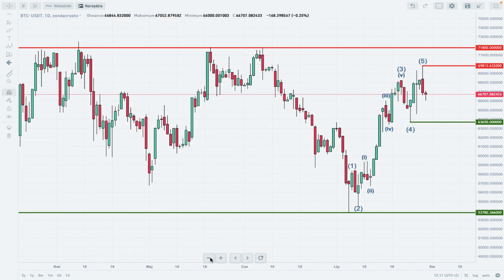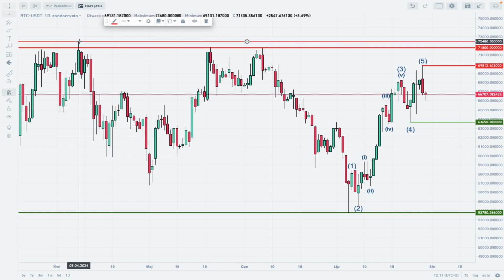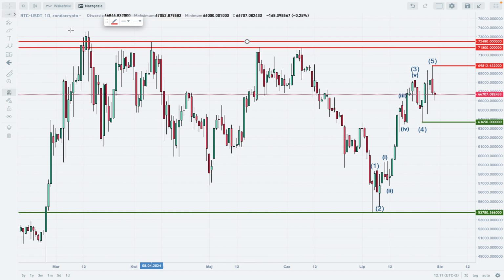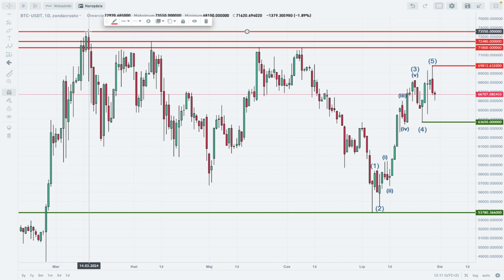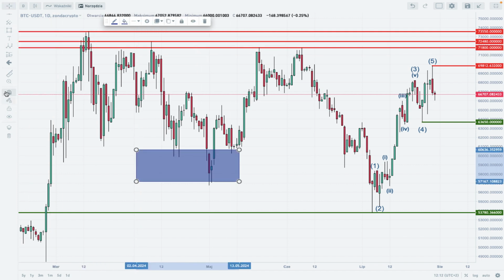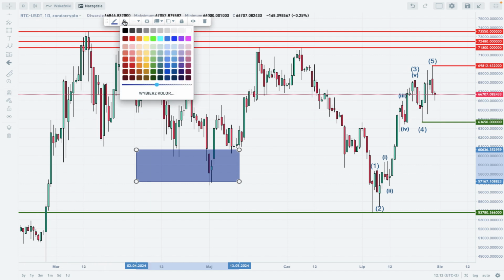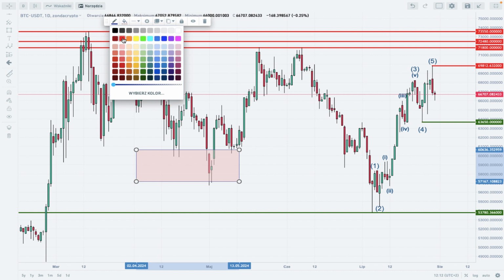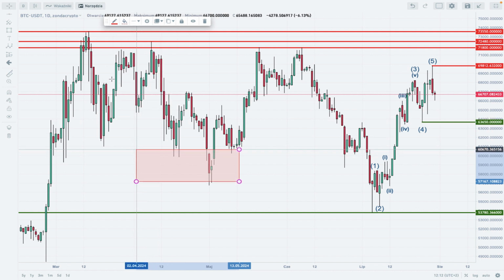If we zoom out a little bit more, we can see that we got one more here, 72,400, and if we zoom out even more, we can see clearly that we have the all-time high, 73,550. So all of this zone here might be treated as, let's say it loudly, a very strong supply zone.